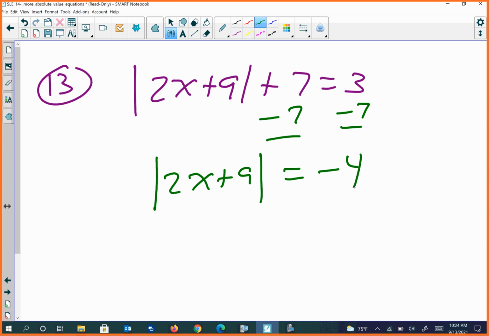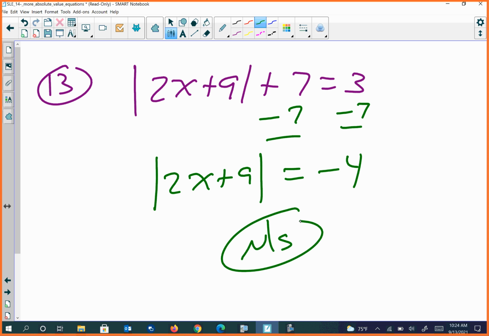As long as the absolute value is all by itself, we can stop there. This has no solution, because this right here becomes a distance, and I can't have a negative distance. So the friend was incorrect saying there were two solutions.